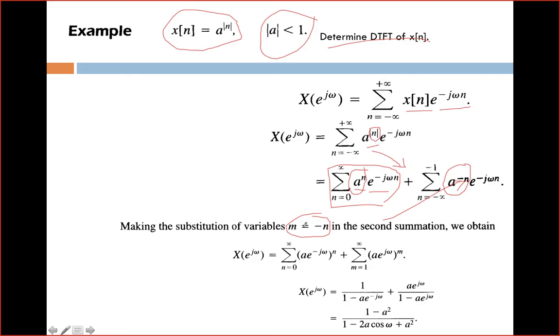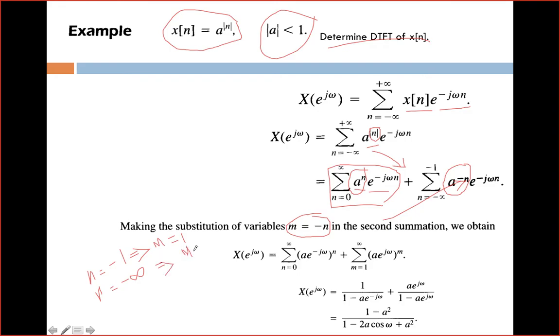For example, considering the limits of n, I have n equal to minus 1 and n equal to minus infinity. When n is equal to minus 1, m becomes minus of minus 1, which is 1, and for n equal to minus infinity, m is equal to plus infinity.